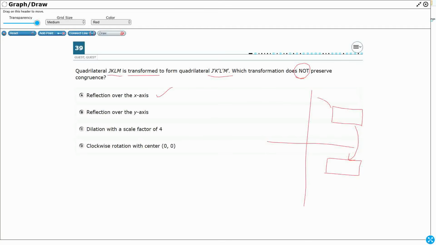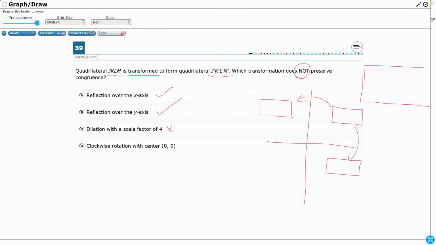Reflect it over the y-axis. I'm flipping it this way. It does preserve congruence. You're taking the exact same shape and simply flipping it. A dilation with a scale factor. Ooh, look at that. When you scale something up, it's going to go off the chart like that. That does not preserve congruence. The angles are congruent, but the sides are proportional.